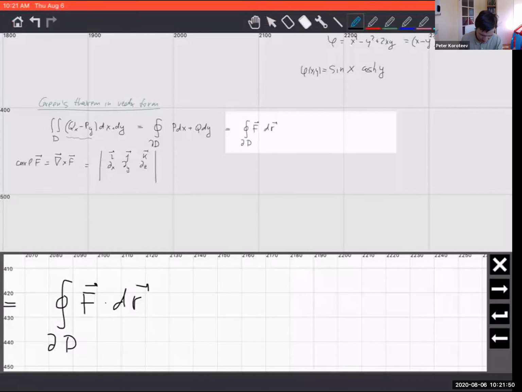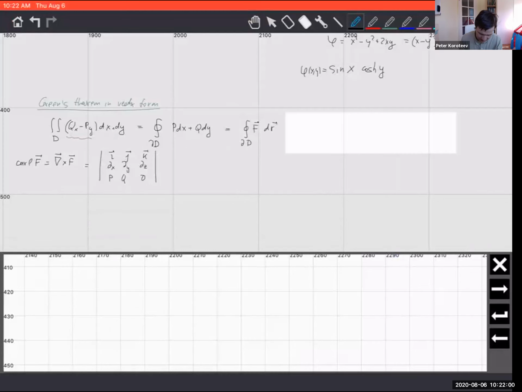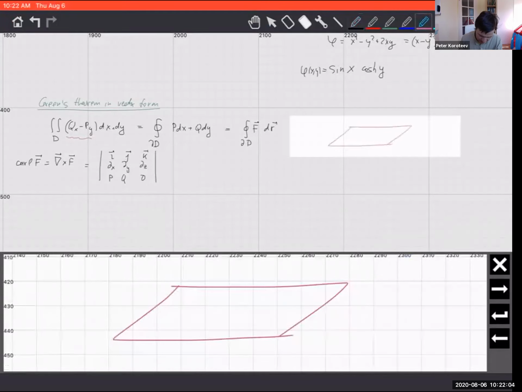So far the vector field has two components. How do we write it as a vector field with three components? We'll complete it with 0. This way we think of it as a plane, and stuff goes on the plane.